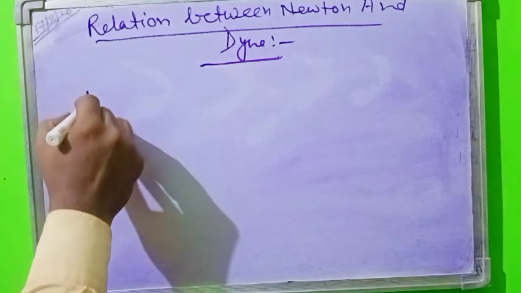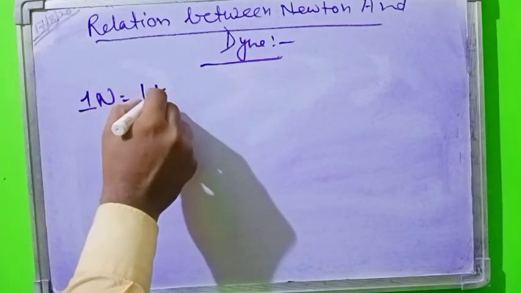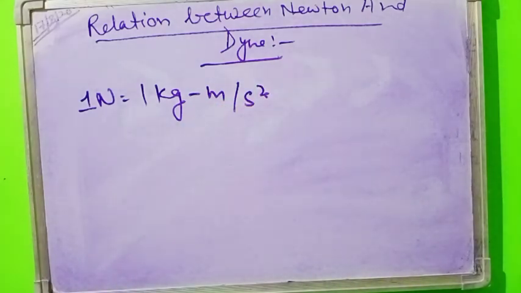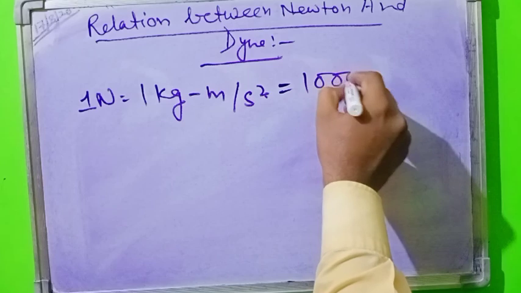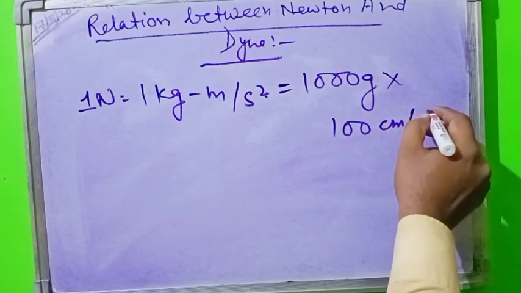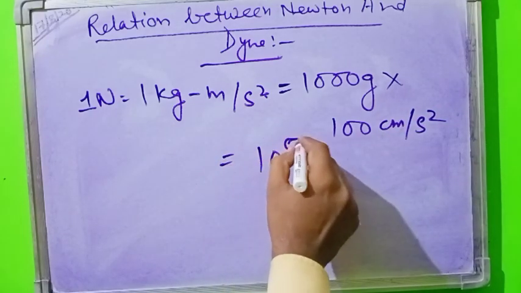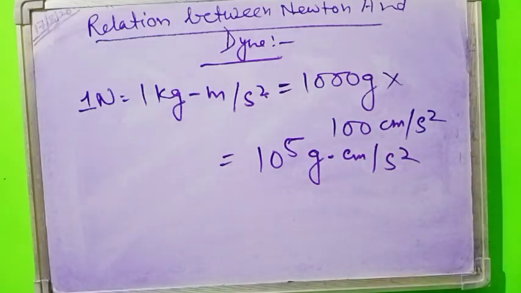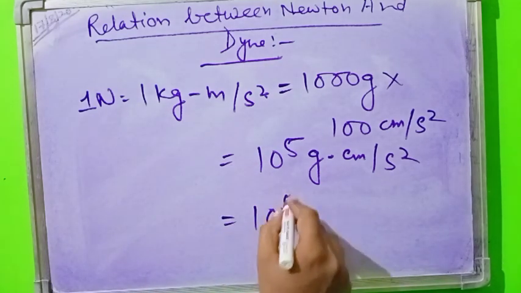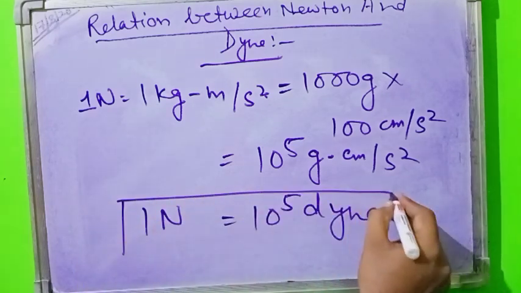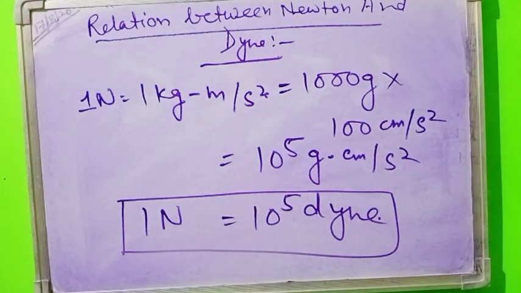So 1 Newton can be written as 1 kg meter per second square, which is 1000 gram into 100 centimeter per second square, and it can be written as 10 to the power 5 gram centimeter per second square. And as you know, 1 gram centimeter per second square is equal to 1 dyne, so it is equal to 10 to the power 5 dyne. So 1 Newton can be written as 10 to the power 5 dyne.